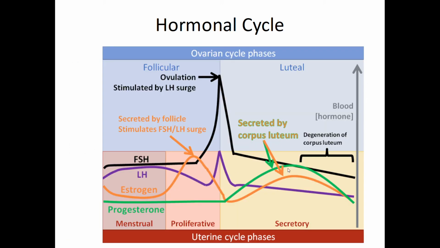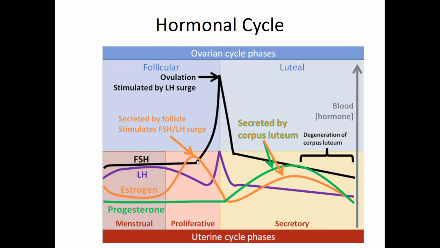So we can look at the hormonal cycle here, and we'll start here. We've got the initial follicle. So we have FSH and LH being produced here. We have the initial follicle start secreting estrogen, and this is going to stimulate this surge.